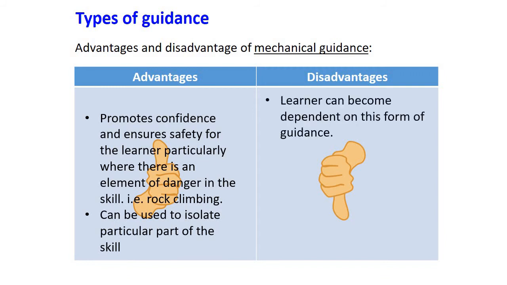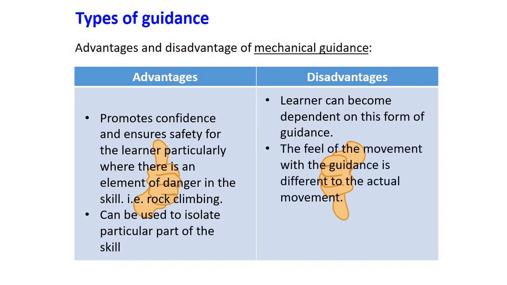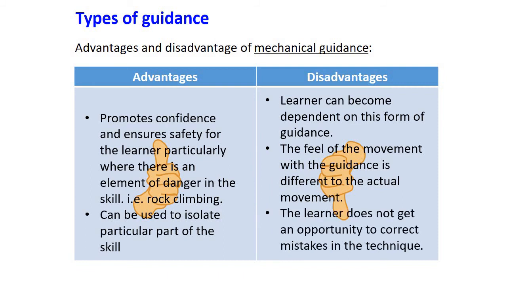Some disadvantages are, again, as with manual guidance, the learner may become too dependent upon this form of guidance and not want to move away from using it. The feel of the movement with the guidance could actually be a bit different to the actual movement, and the reason for that is that it might restrict your movement or change your movement in some way.